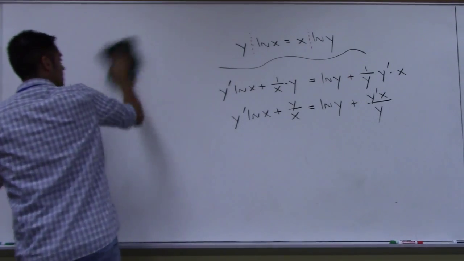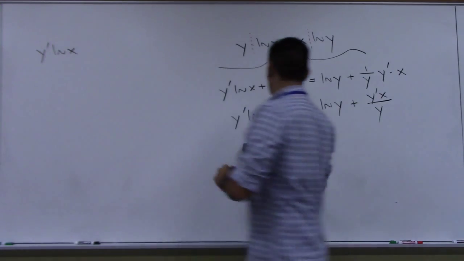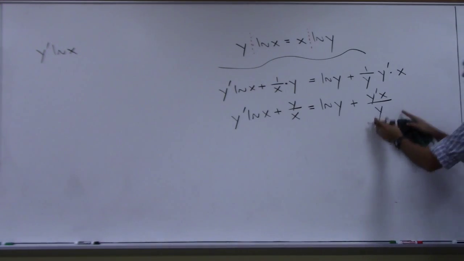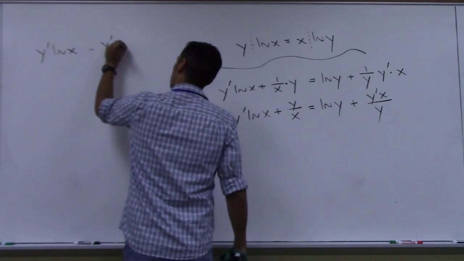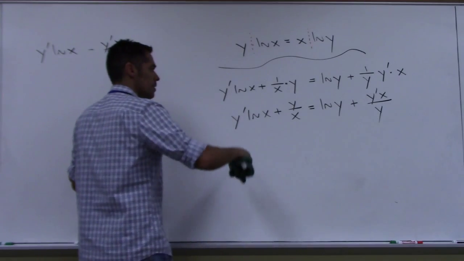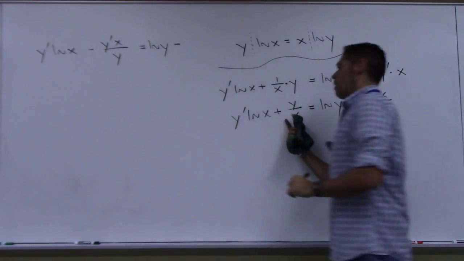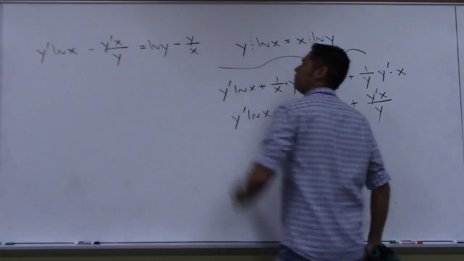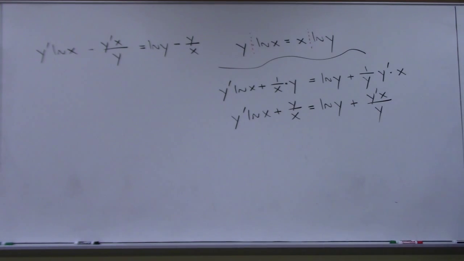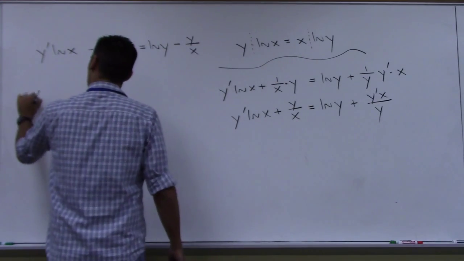So I'm going to take the y prime natural log x, keep it on the left side. I'm going to take this one, bring it over, so it becomes minus y prime x over y. And then on the other side, I'll have natural log y, and then I bring over the y over x to the other side, so it becomes minus y over x. The whole point of that is to be able to pull the y prime out on the left side. So I factor out a y prime.